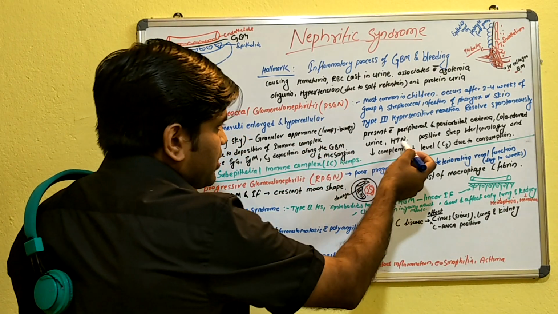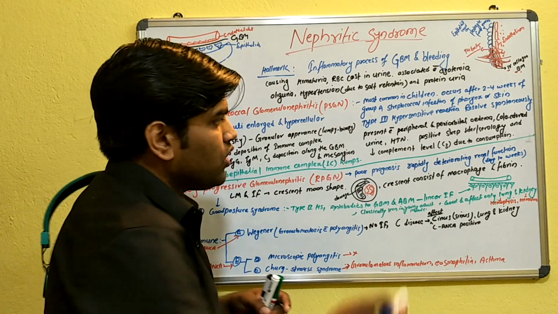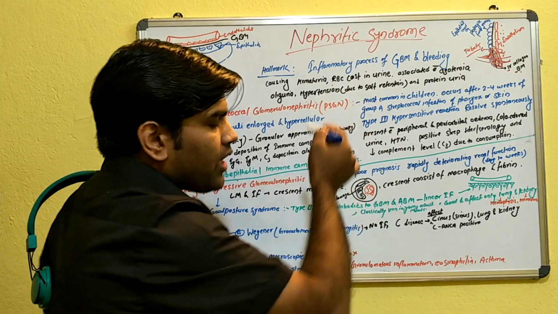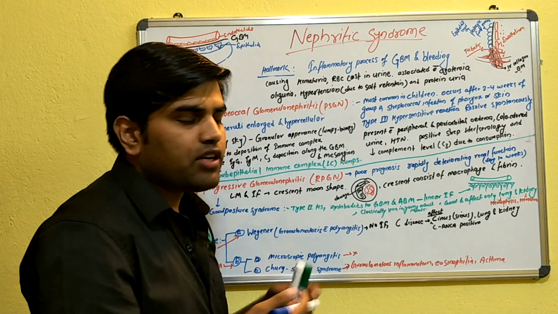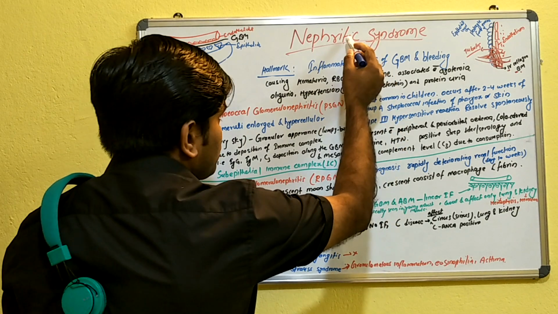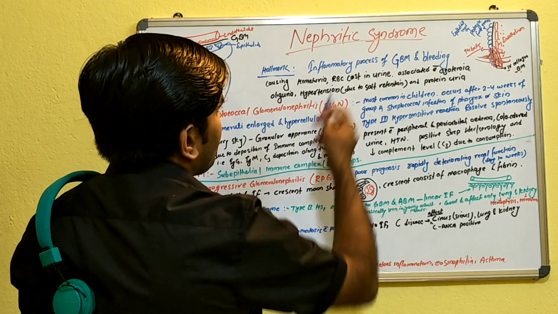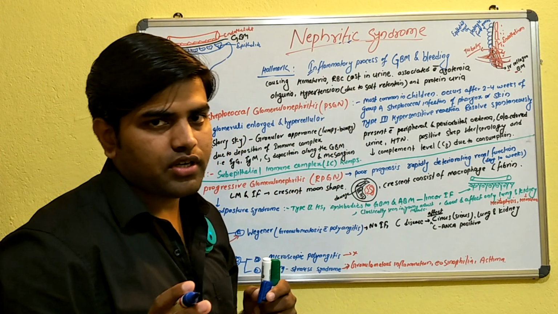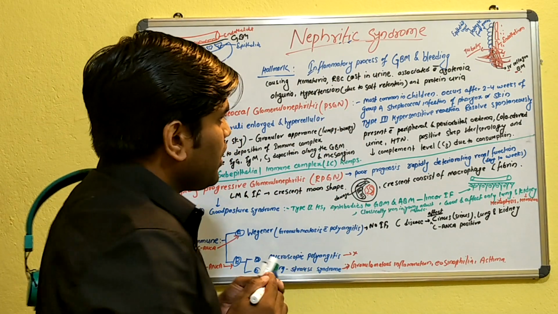Then the patient will have hypertension. This cola colored urine, hypertension, RBC casts in the urine, and hematuria differentiate nephritic syndrome from nephrotic syndrome. The I in nephritic is for inflammatory. I is inflammatory. That is how to remember it.